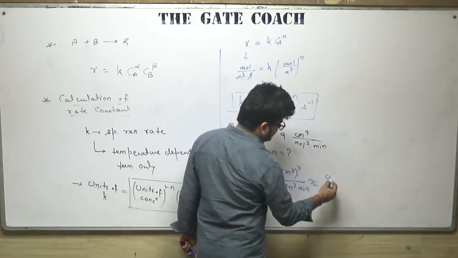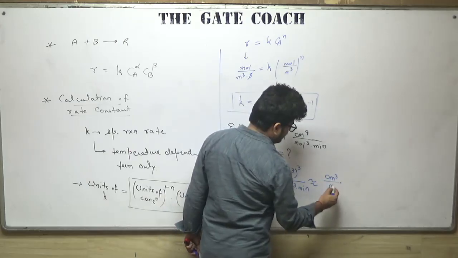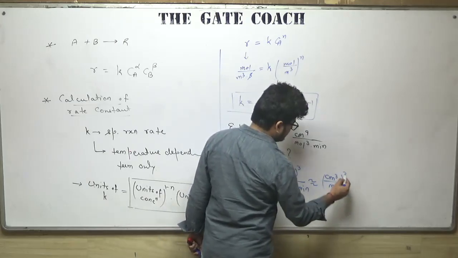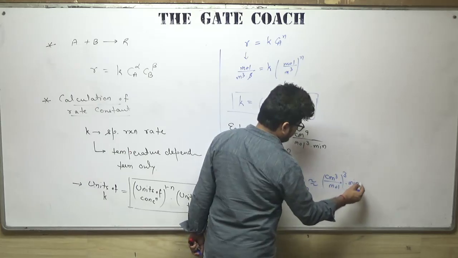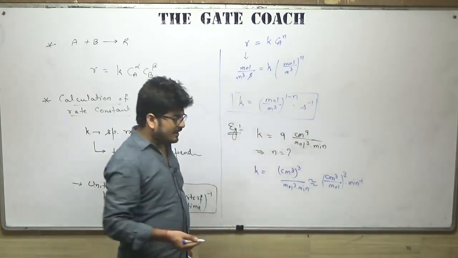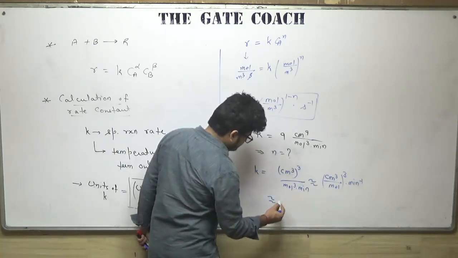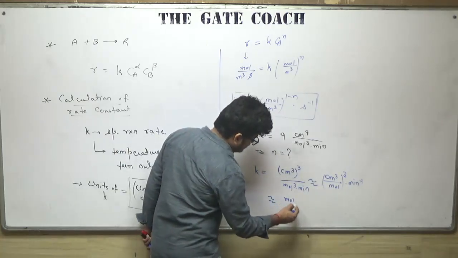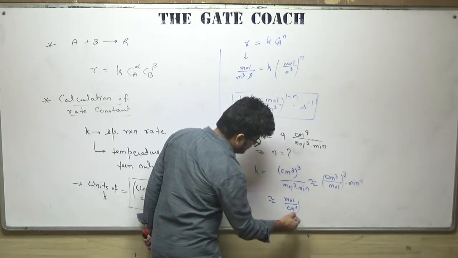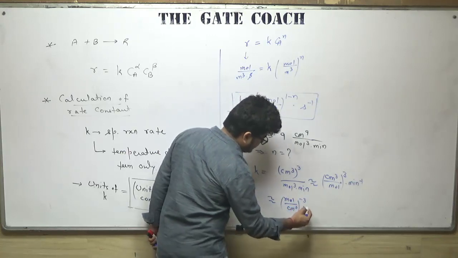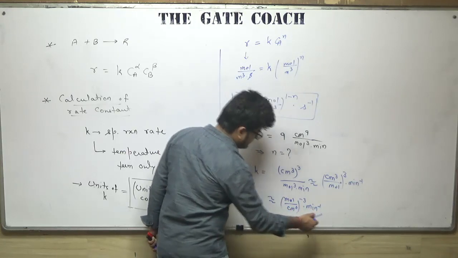Further you can write it as cubic centimeter per mole power 3 into minute inverse, and this term you can also write as mole per cubic centimeter power minus 3 into minute inverse.